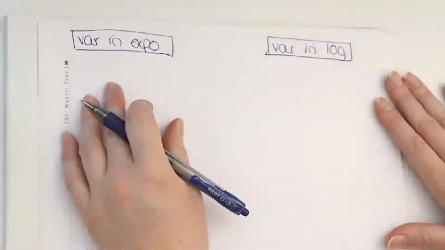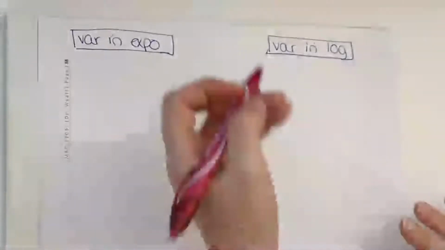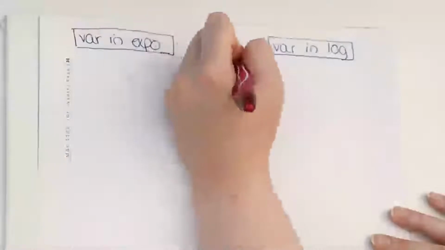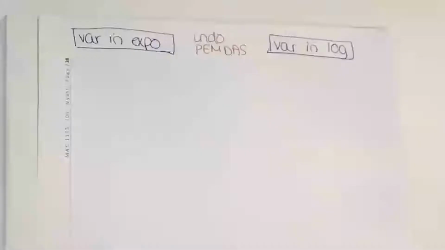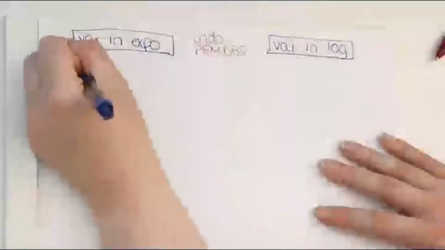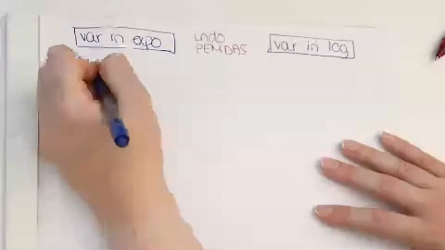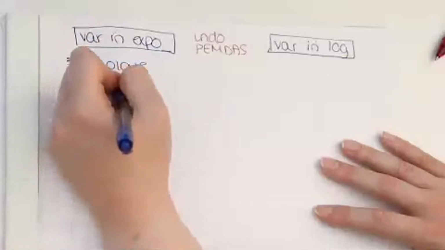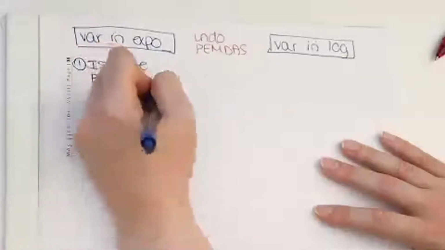That would be an exponential equation or a log equation. Both of those types of equations, you're going to think about, I need to undo PEMDAS. That undoing PEMDAS basically amounts to, if you have a variable in the exponent, you're going to isolate the base plus the exponent. That is your undoing PEMDAS.